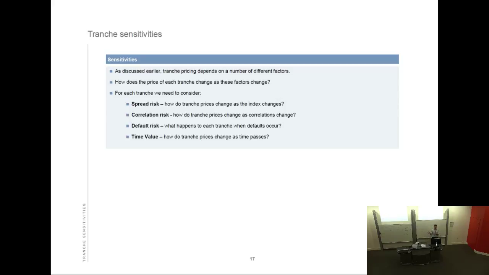A mezzanine tranche will not have any default risk immediately, like if the first couple of names jump to default, but will have very high default risk once a few of them have defaulted. So default risk is still very important and actually less straightforward than with an index where it's just linear. And time value. So like in any fixed income product, how do you expect your tranches to move over time, let's say given nothing else changing?